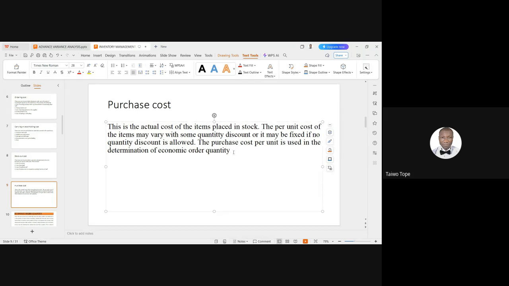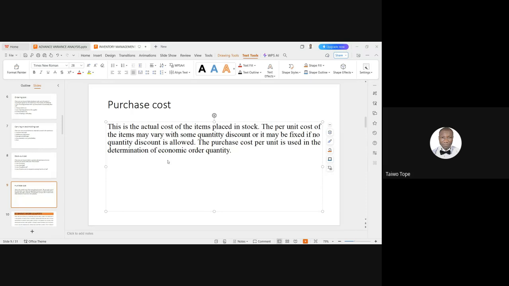It means that if you need 1,000 units of raw materials in a year, how many times should you purchase this raw material? How many batches should you have in a year in order to minimize your cost?